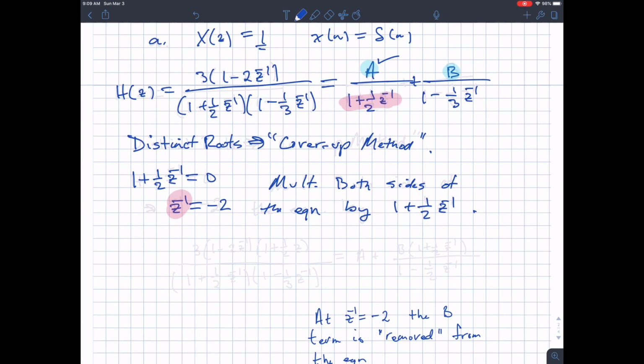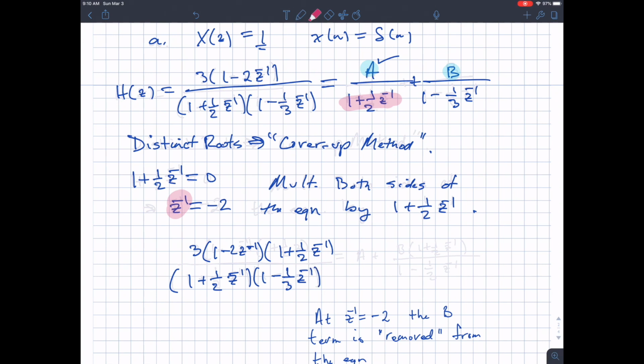So when I do that, I get 1 plus 2, I'm sorry, that's a minus, z to the minus 1, and I multiply by 1 plus 1 half z to the minus 1, and I divide by 1 plus 1 half z to the minus 1, and then I still have this remaining pole term.